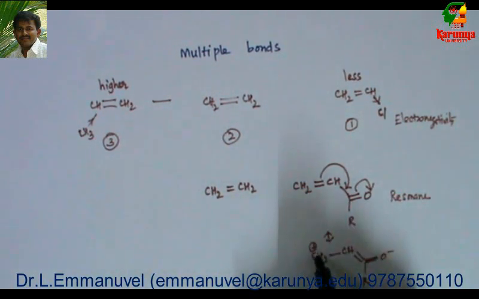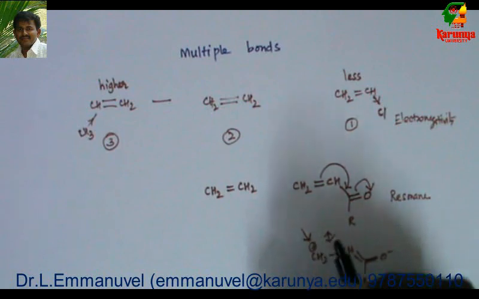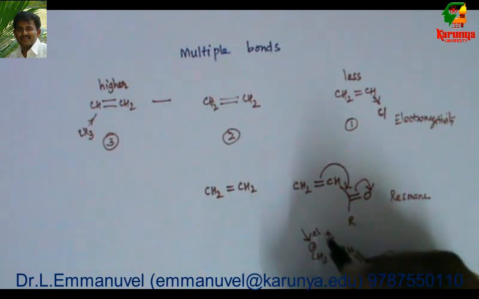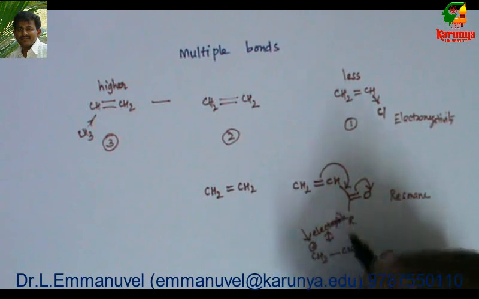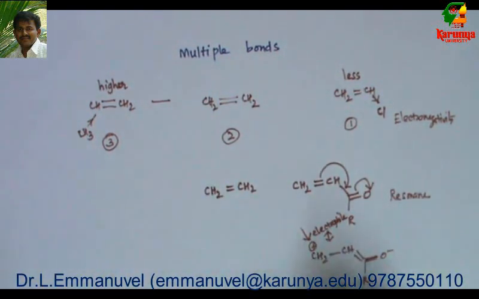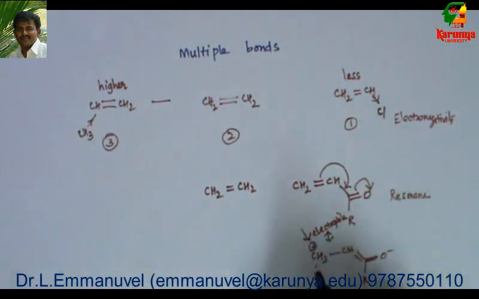So the electron density on this has been removed. Now this position is electrophile. This position is electrophile now. So we have discussed that in the types of electrophile. So when I attach an electron withdrawing group, the electron cloud is being removed and we get electrophile there.